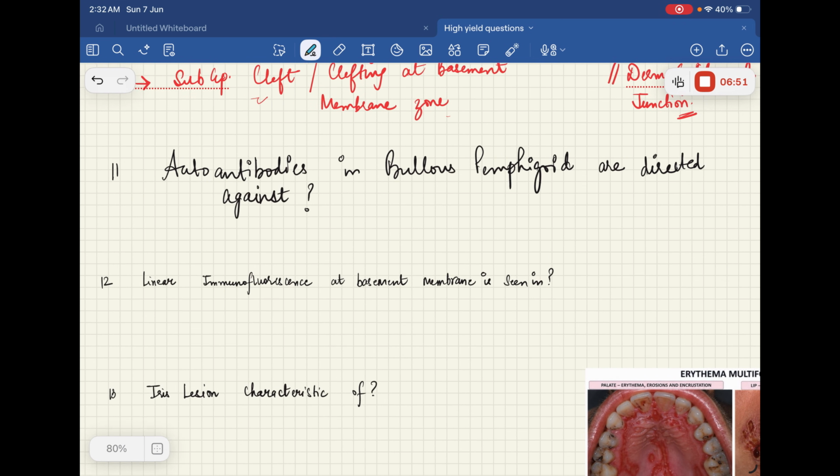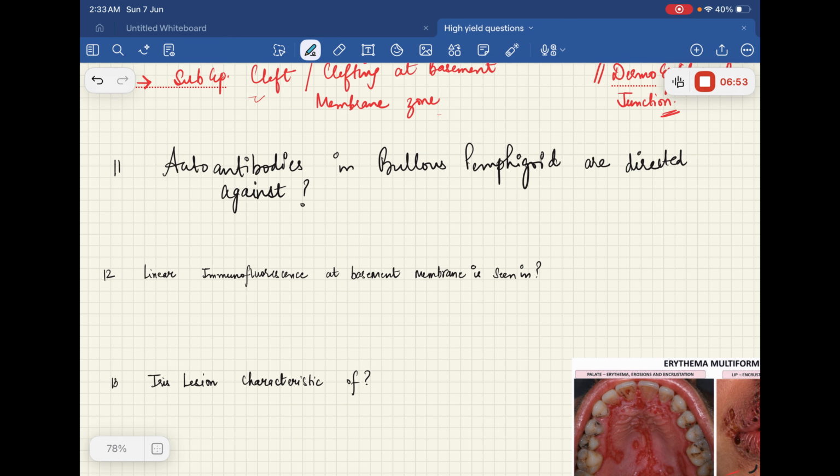Now, autoantibodies in bullous pemphigoid are directed against hemidesmosomes. Now, which exact hemidesmosomal proteins are the target antigens?